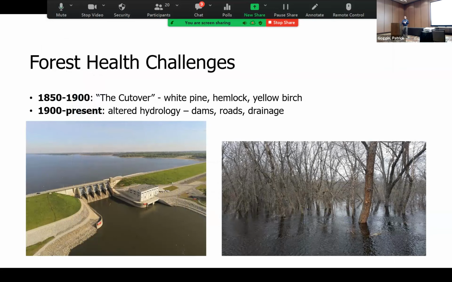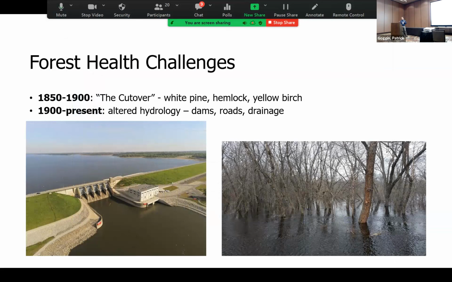We also saw great change in those wetland forests, just like all other wetlands. For a large period of our settlement here, we started to manipulate these waterways. So not only large dam systems like along the Mississippi and the Wisconsin, but smaller things like roadways that acted as dams and started to impact these forested wetlands.